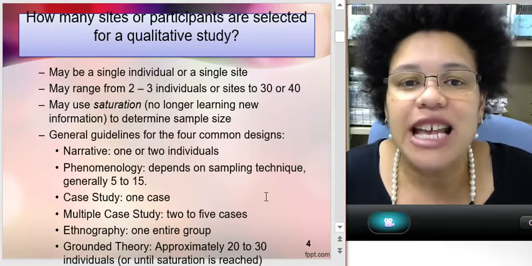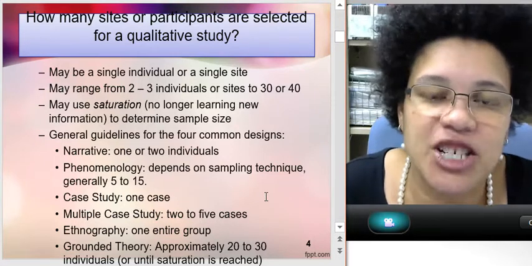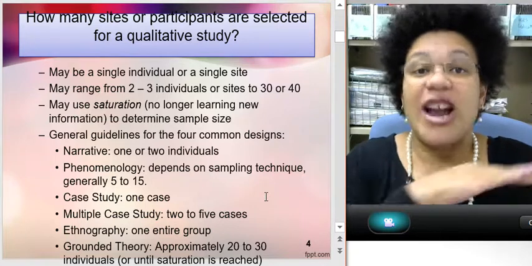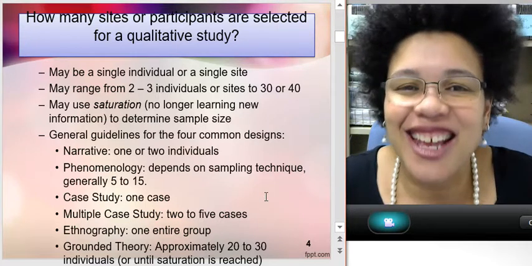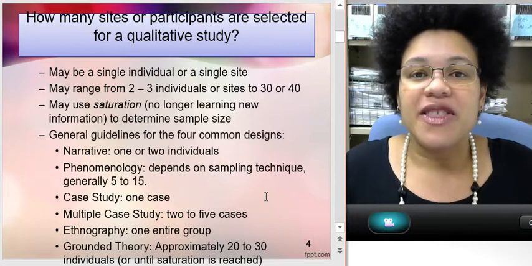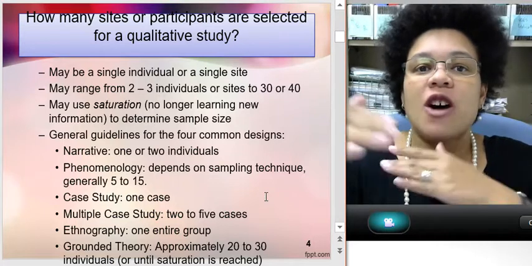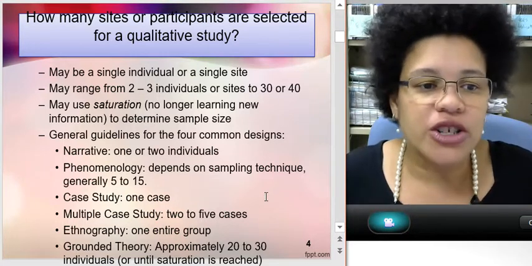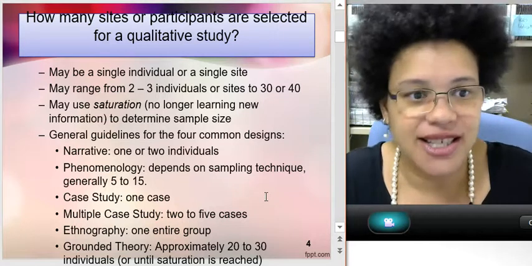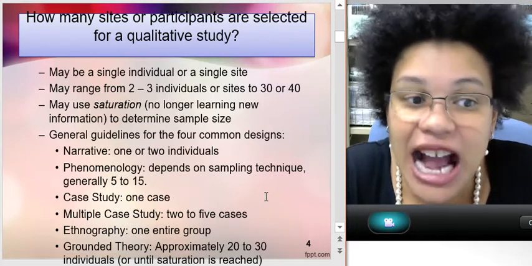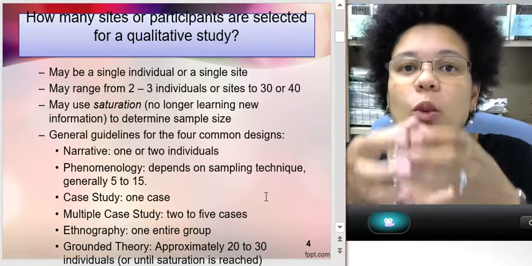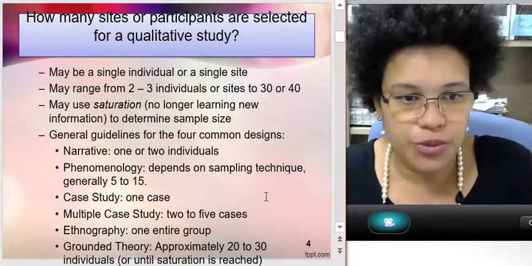Case studies are typically 1 case, particularly at the graduate school level, and then postgraduate school researchers often collaborate in order to do cross case studies. Ethnographies, you're focusing on one group, one cultural or social group.